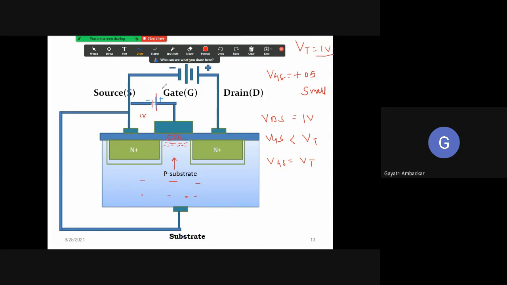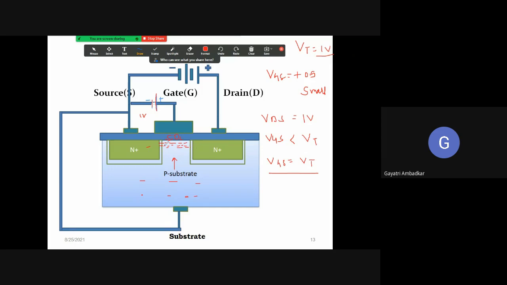Now, when this gate voltage was equal to VT, or when I apply sufficient positive gate voltage, what happens? The electrons are gathered just below the SiO2 layer. Now these electrons are present in between source and drain. Already there are negative electrons present in the source.